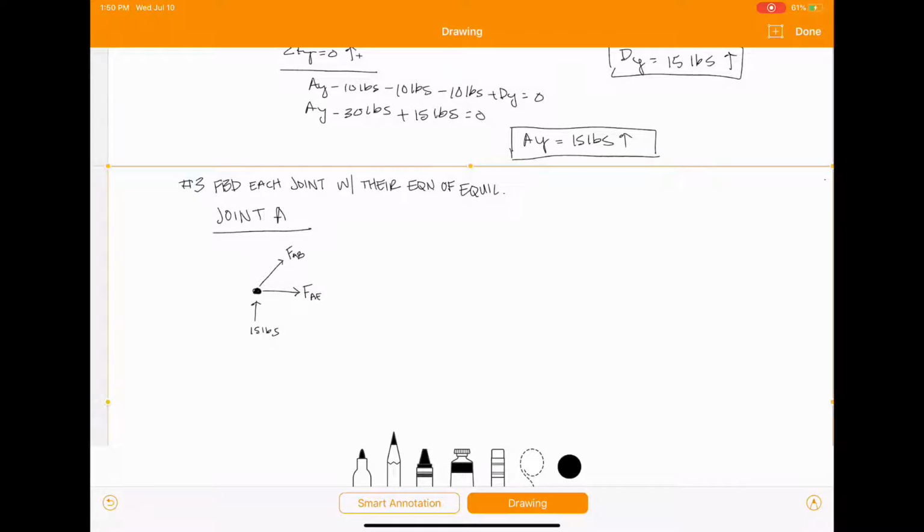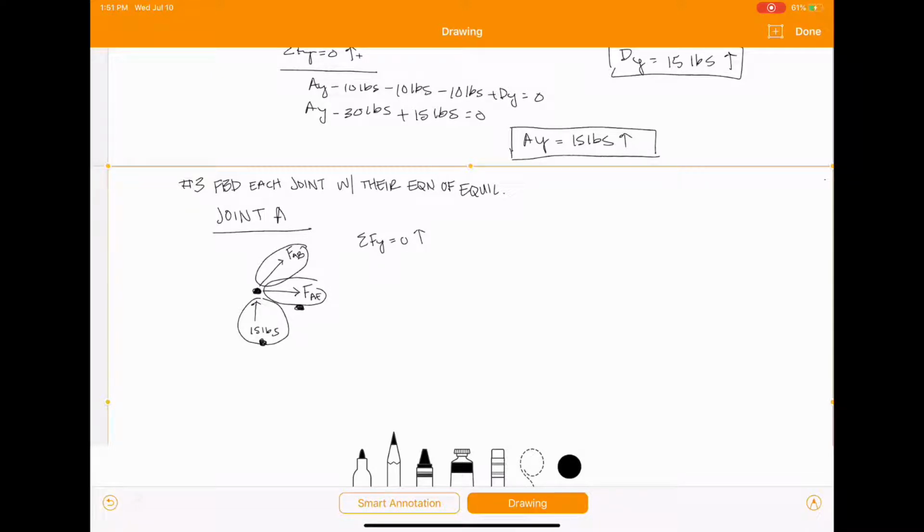So for that, we just have our sum of forces X and our sum of forces Y. By looking at this figure right here, by inspection, I can see that we have two unknowns in the X and one unknown in the Y. So for that reason, I'm going to do my sum of forces Y first, because this force will break into an X and Y. This one's just X, and this one's just Y. But this one here is known, where this X is unknown.